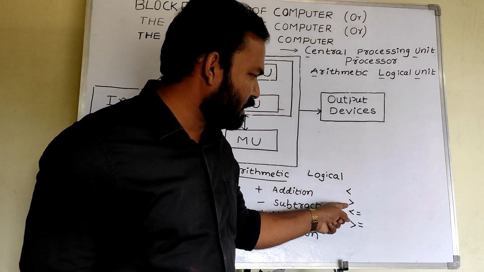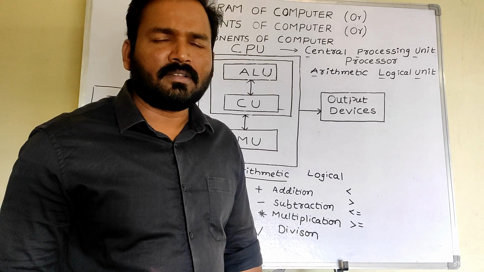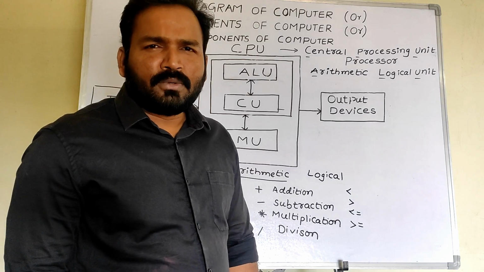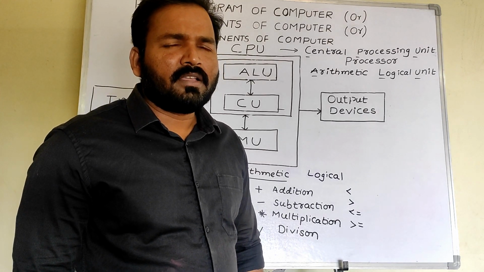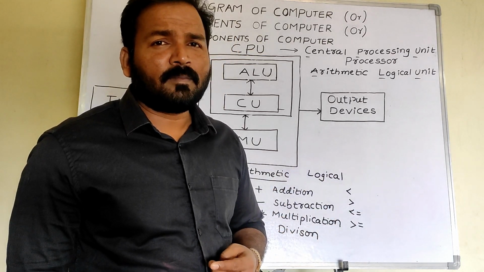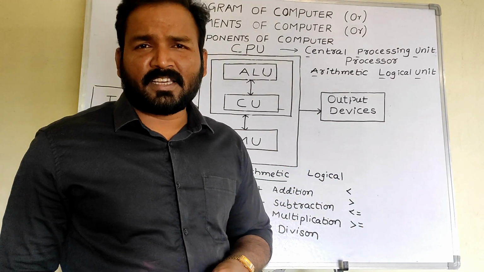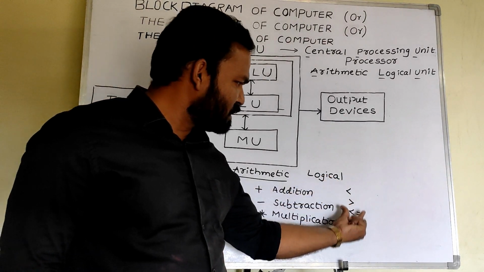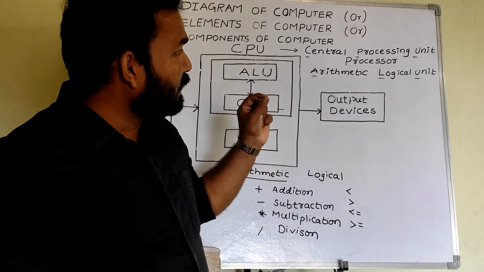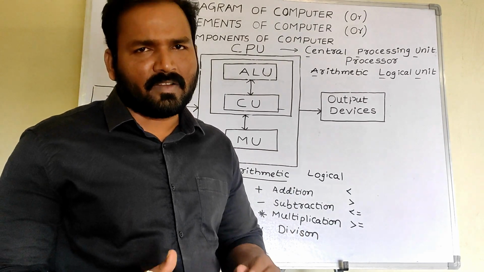Next, two more operators are also there: equal to, not equal to. Okay, next, AND operator, OR operator, NOT operator. So ALU uses all these operators AND, OR, NOT to perform what? Arithmetic operations and logical operations or calculations.